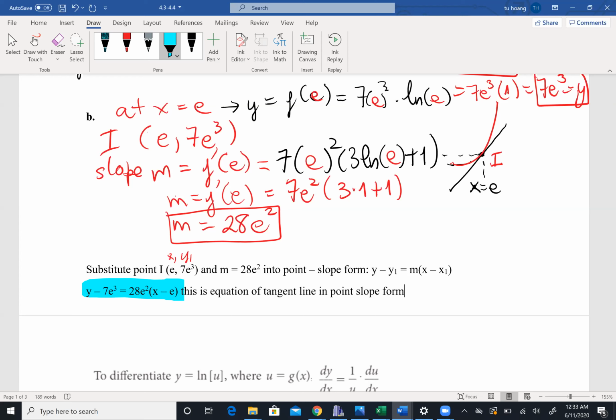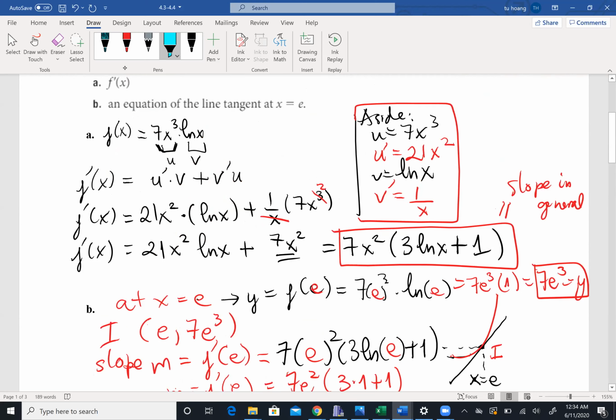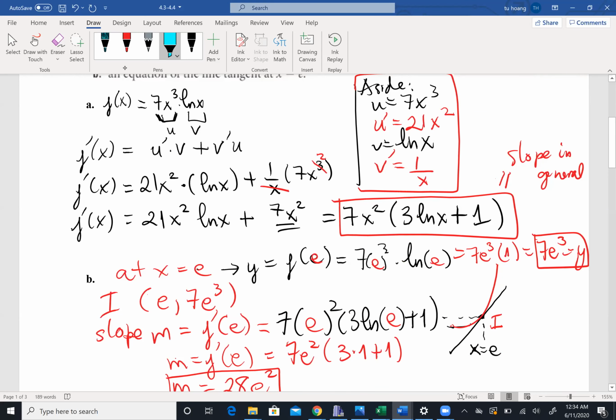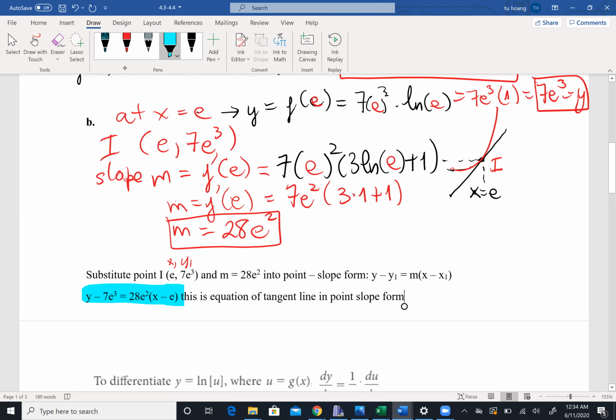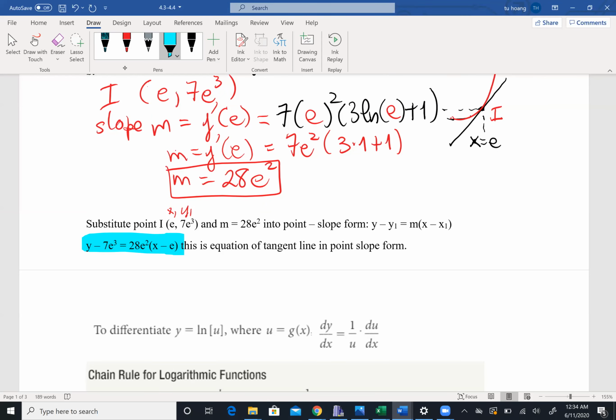You can do that by separating y alone, and then doing distribution and combining like terms. But I don't need you to do that because this question doesn't ask you to change it to the slope intercept form. So I'm just going to stop here because I already have the equation of the tangent line. Okay, so done with that.